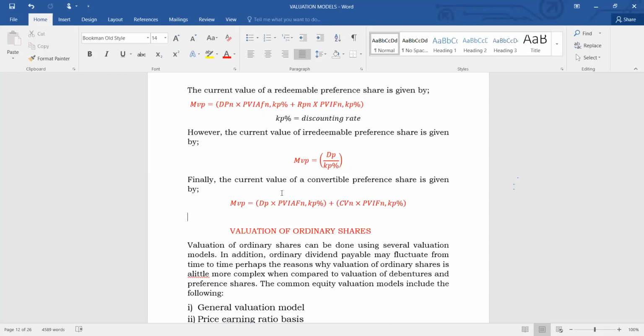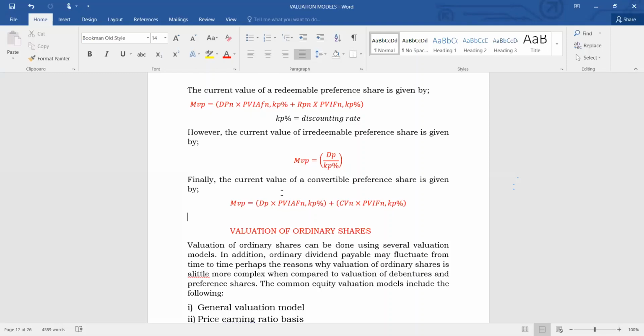Valuation of ordinary shares is a bit complicated for various reasons. One, it's done using various models, and because of that we expect those models to provide different results.